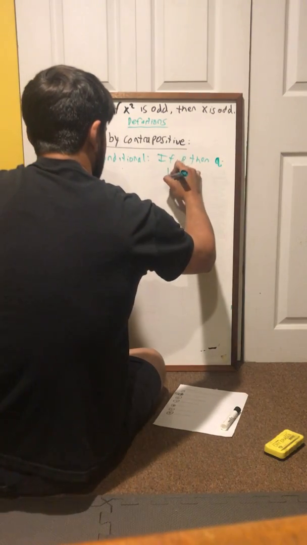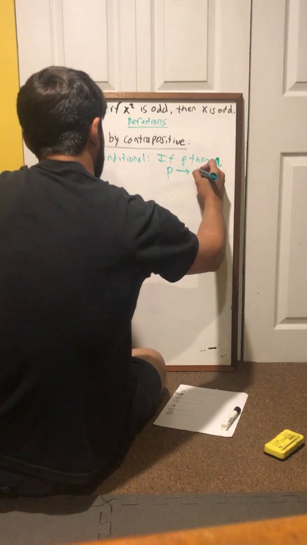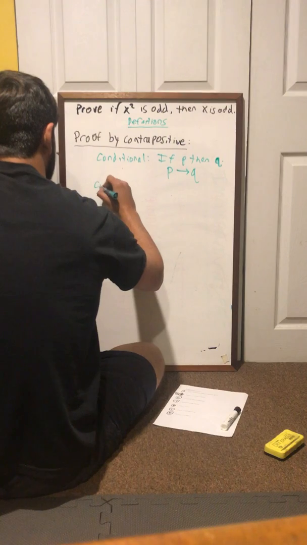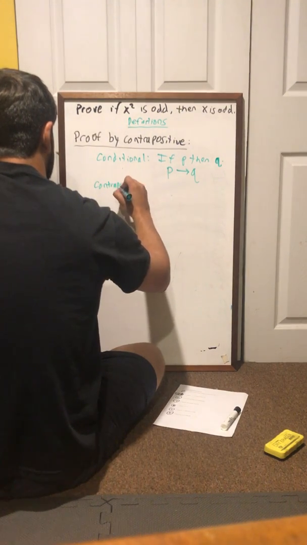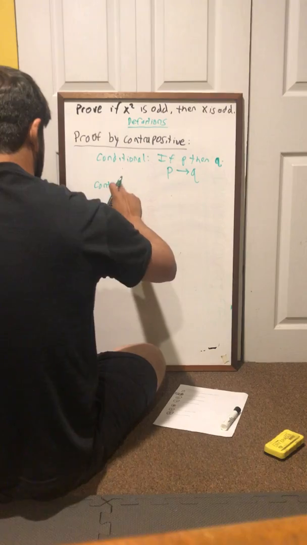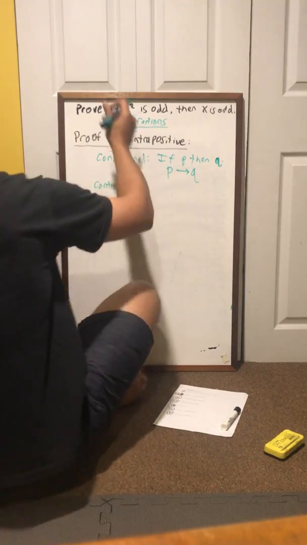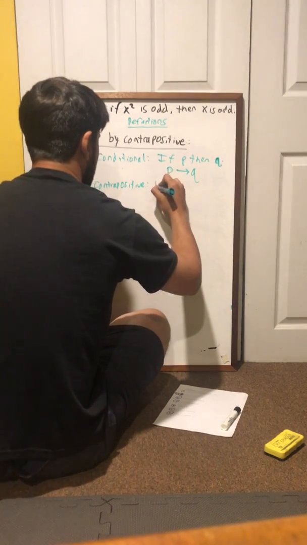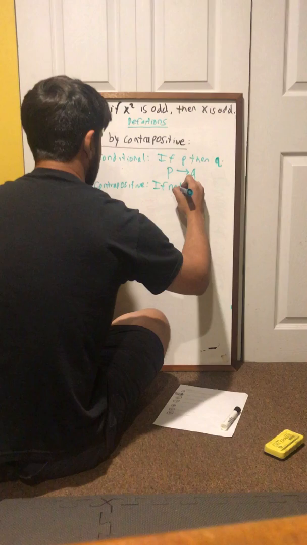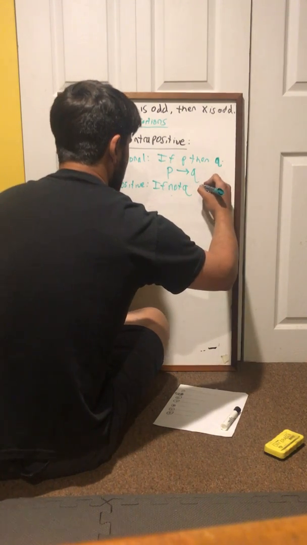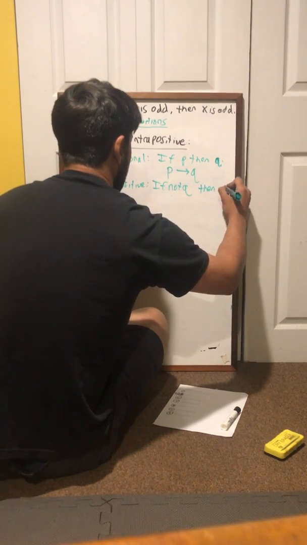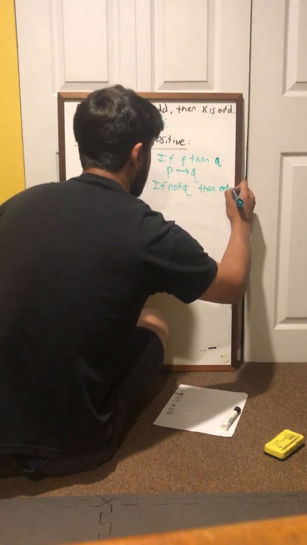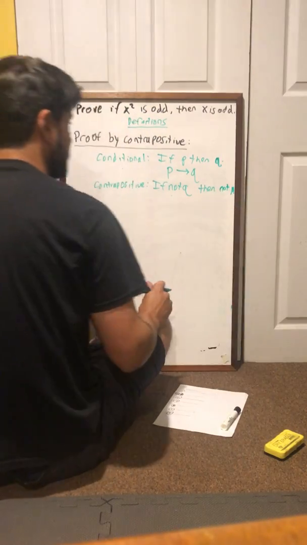Okay. And that's just going to be denoted by these symbols. If P, then Q. All right. So when we're doing a contrapositive, we're going to say if not Q, then not P. Okay.